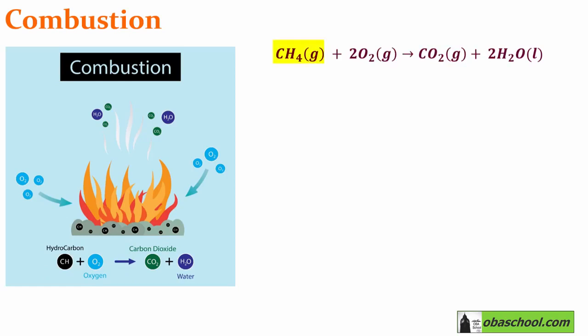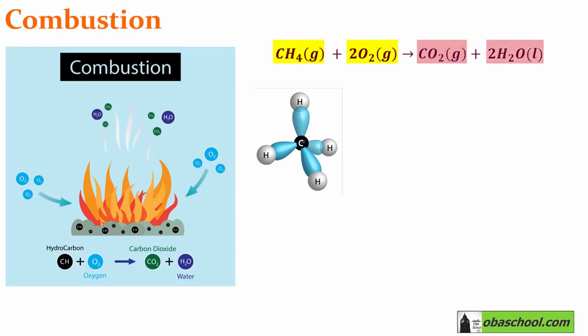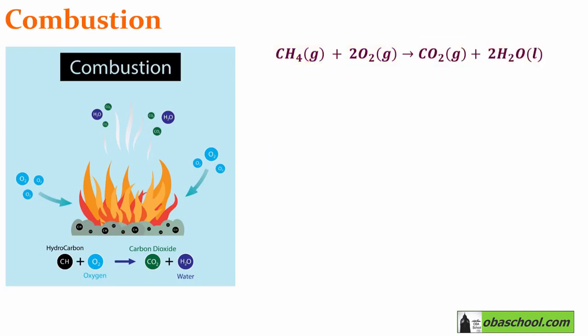So CH4, methane, will react with 2O2 gas, so it will react with oxygen gas to produce carbon dioxide and 2H2O, water. Of course, you must know how to balance a combustion reaction. The enthalpy of combustion of this reaction is equal to minus 890 kilojoules per mole.